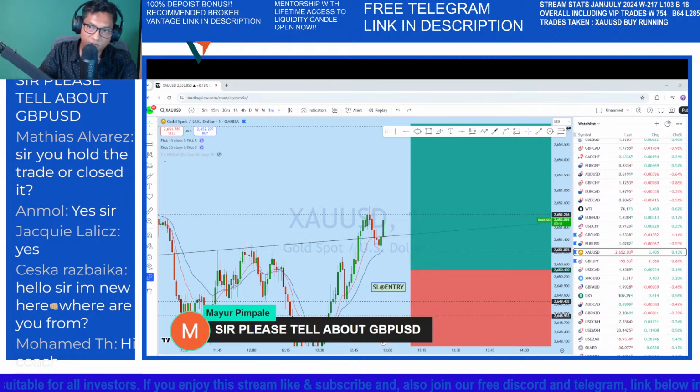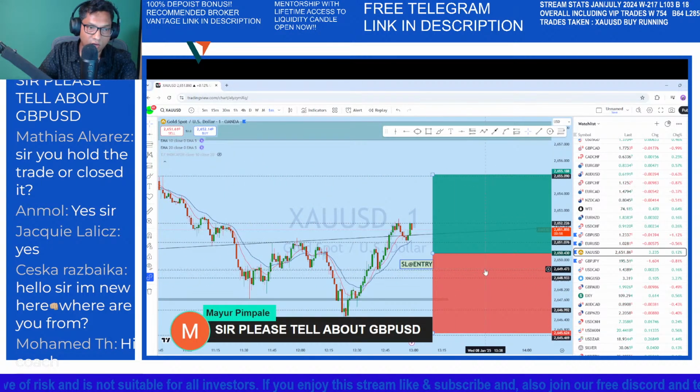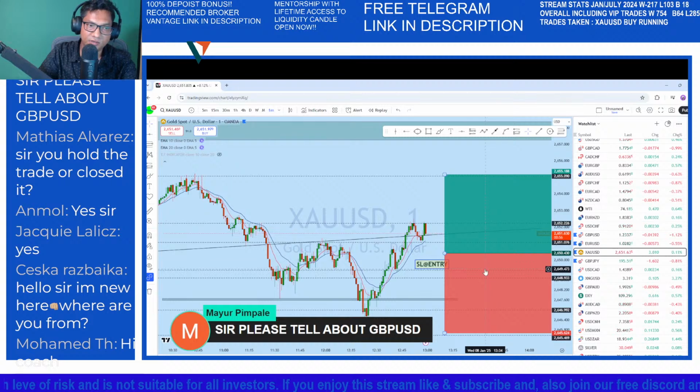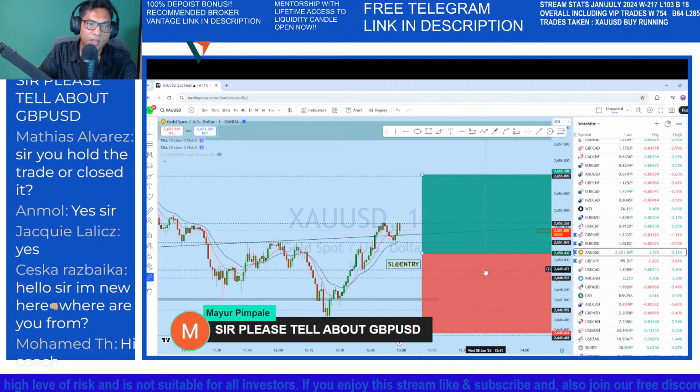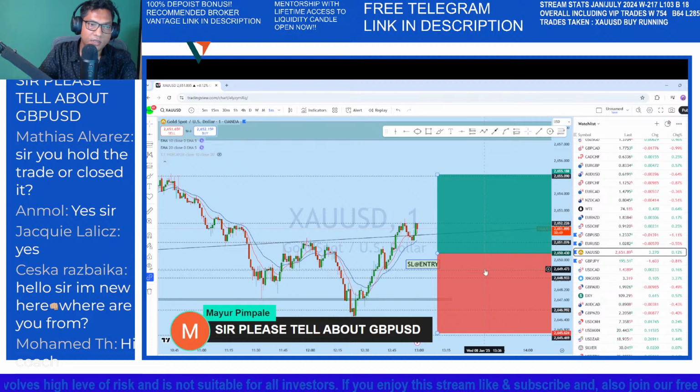If you are new, the first thing as a trader you need to know is lot sizing. If you don't know how to calculate the lot size, there are some apps and websites available. It's better to have a lot size calculator. You should be lot sizing based on your risk percentage, which is very important.